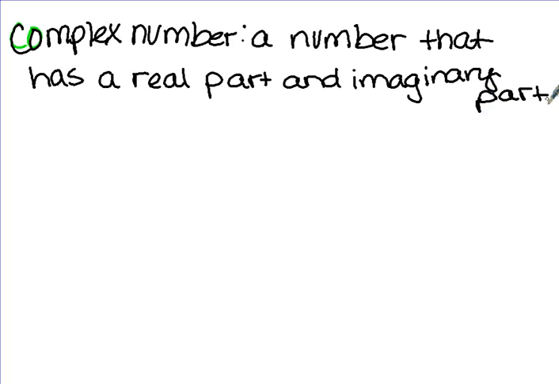So when we're dealing with complex numbers, we're dealing with an imaginary number. Those are those dreaded i numbers. When we write a number that is complex, we write it in what is called standard form. And keep in mind, in standard form, the real number is written first.